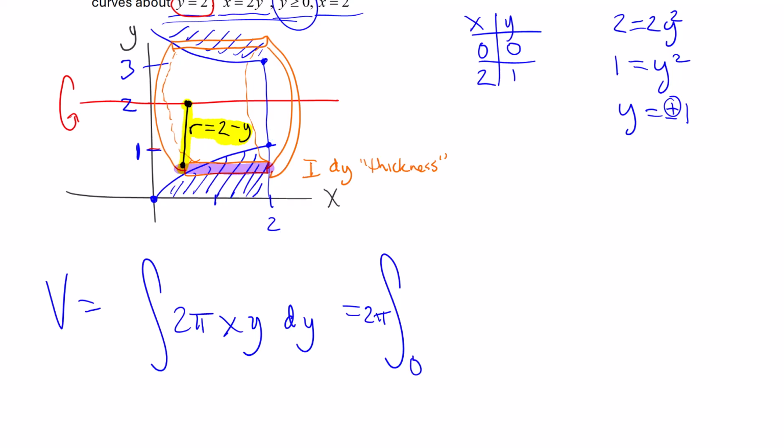So it goes from 0 all the way up to 1. Let me mark these in. Those are our bounds of integration. In fact, let me color coordinate these. So we're going from 0 to 1 as our bounds of integration. That's where this region is defined that we are rotating around.